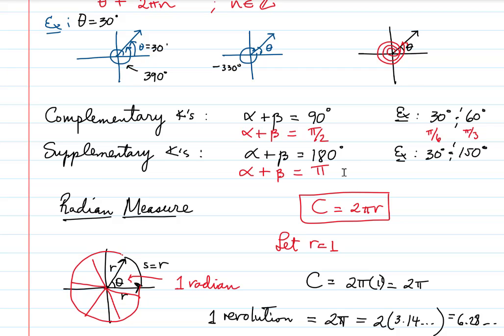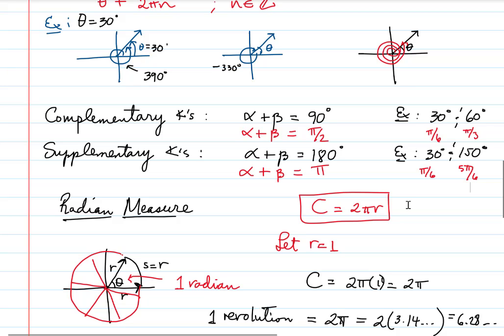I think it's a little bit easier to see on the supplementary. So here this is pi/6 for 30, and this is 5pi/6 for the 150. Notice how you're really adding just fractions. These are fractions in pi, so this is 1/6 plus 5/6 gives you 6/6, which is 1 pi, right?